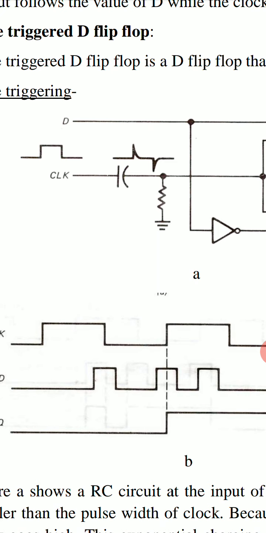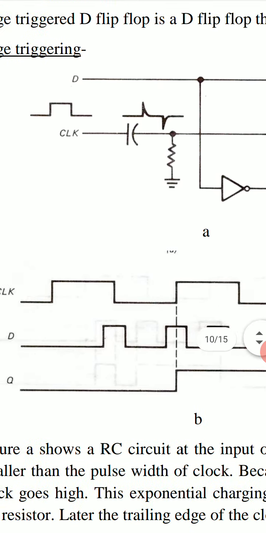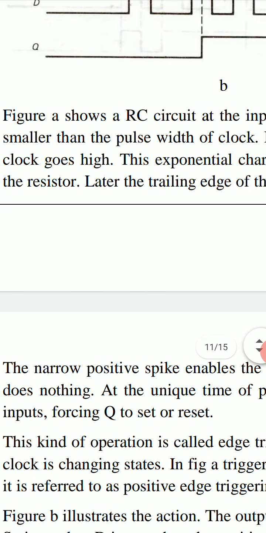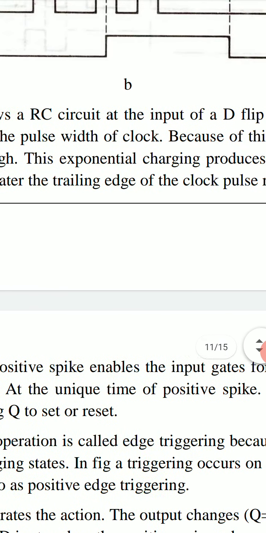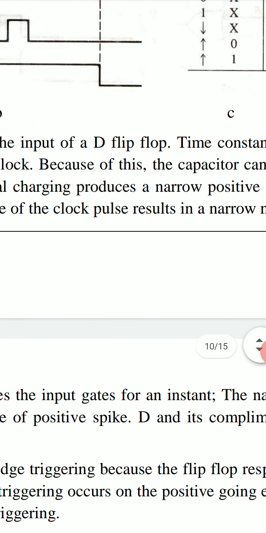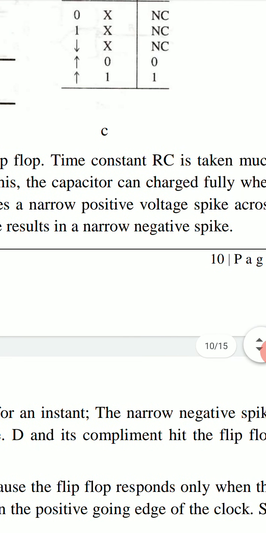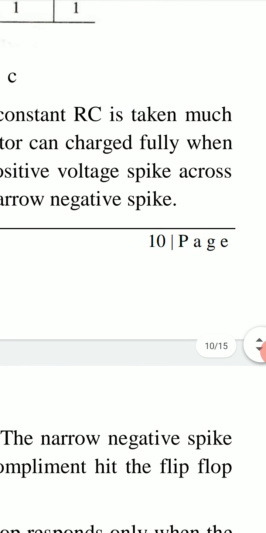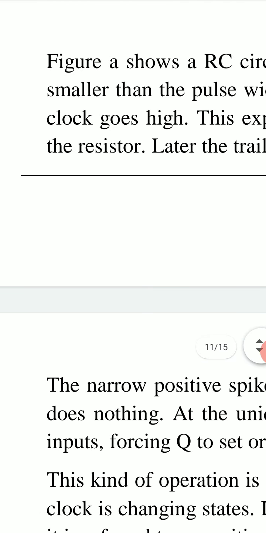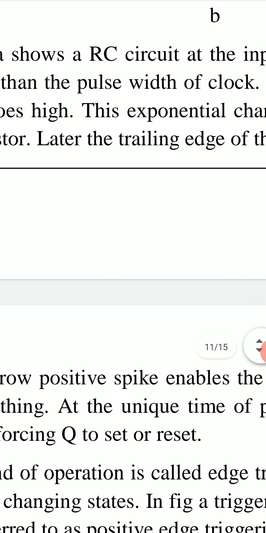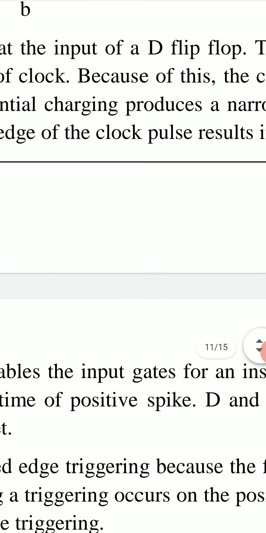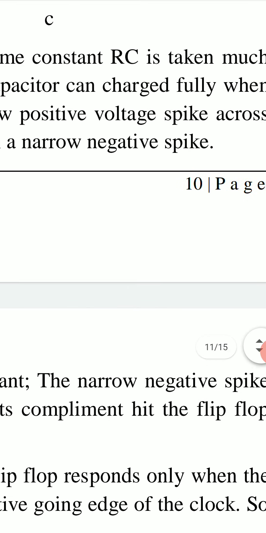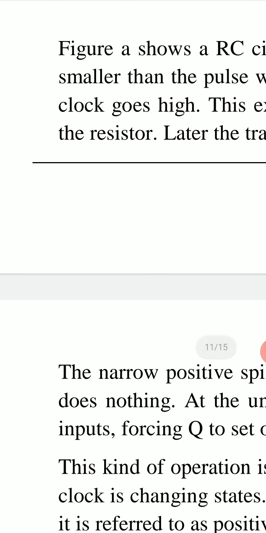So clock signal is followed by a RC circuit. This figure shows a RC circuit at the input of a D flip-flop. Time constant RC of this RC circuit is taken much smaller than the pulse width of clock. Because of this, the capacitor can charge fully when clock goes high.